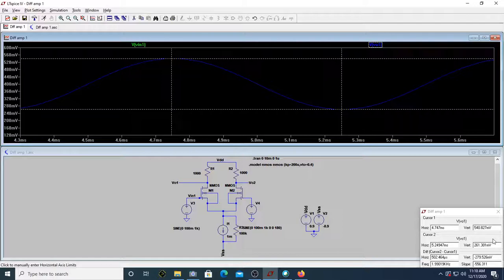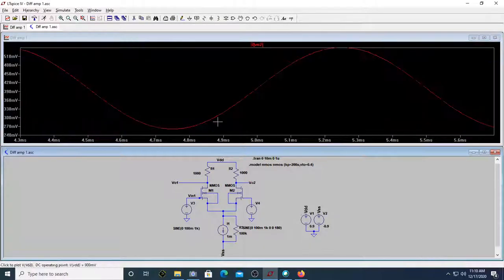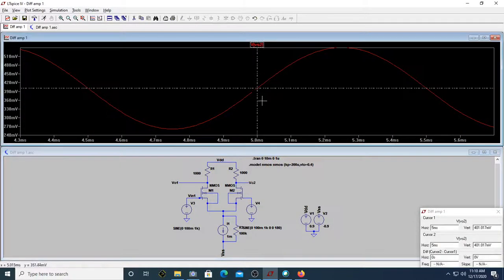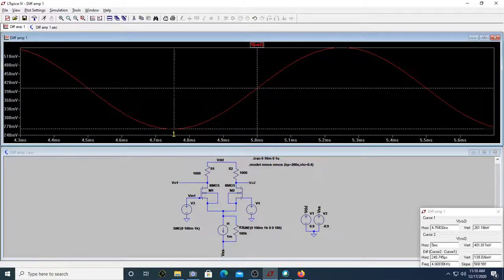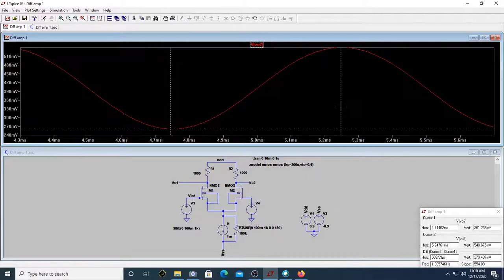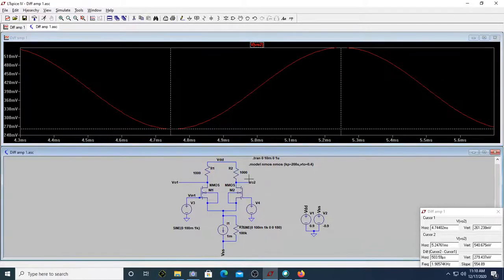And of course the same thing in the case of V02. Let me measure that also. This is V02. Let me measure peak to peak of this. This is one peak, this is the other peak. It's again 280 millivolt.